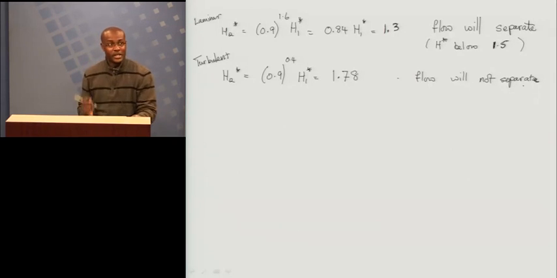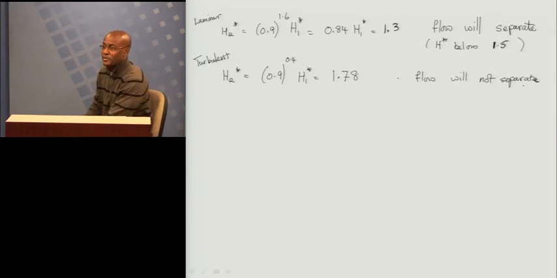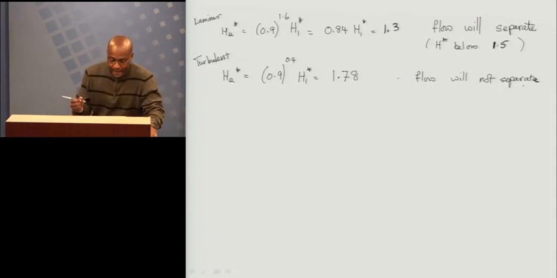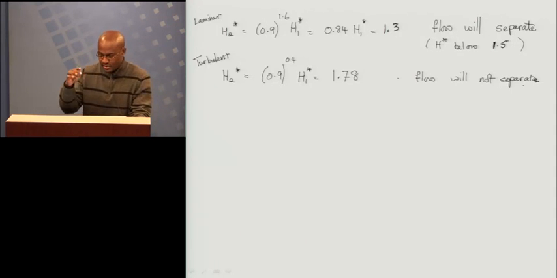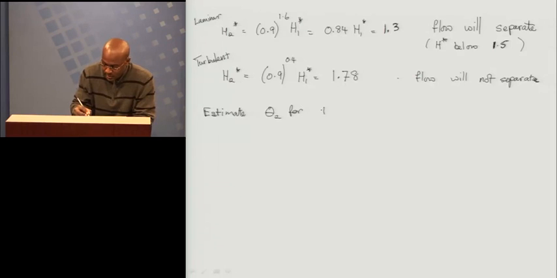Okay, so if we were looking at laminar or turbulent flow in either one of these cases, you'd either have separation or not. And let's look at the value for theta. How much is that boundary layer going to increase? So let's estimate theta, and we'll do it for the turbulent case first.